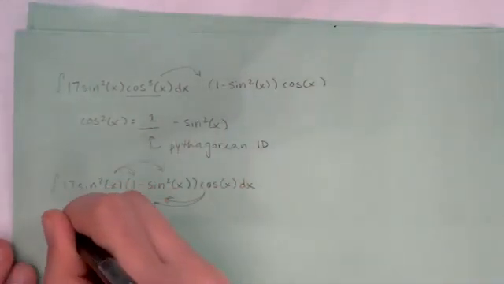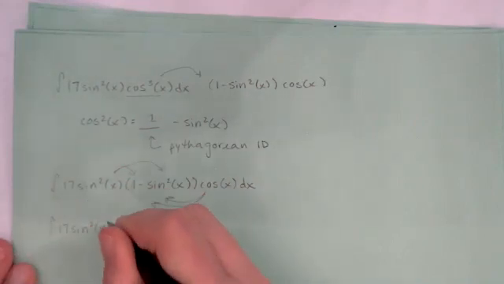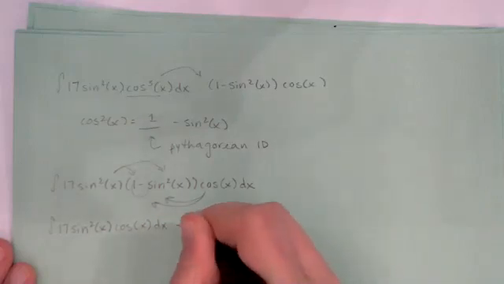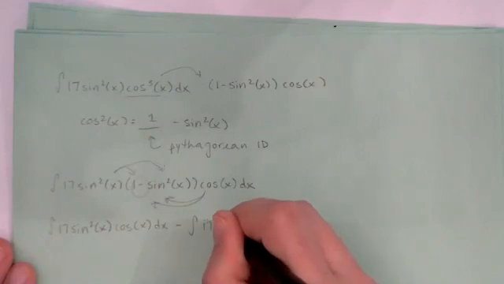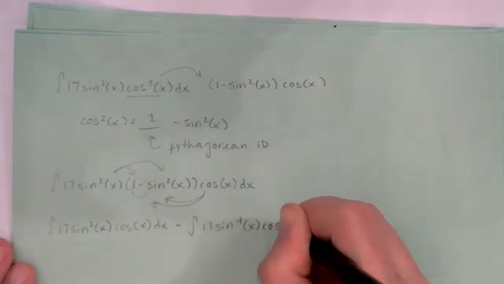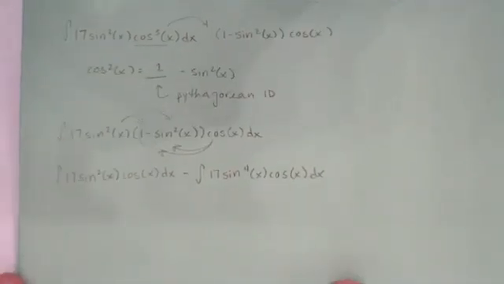The integral of 17 sine squared of x cosine of x dx, and then minus the integral of 17 sine to the 4th of x cosine of x dx.